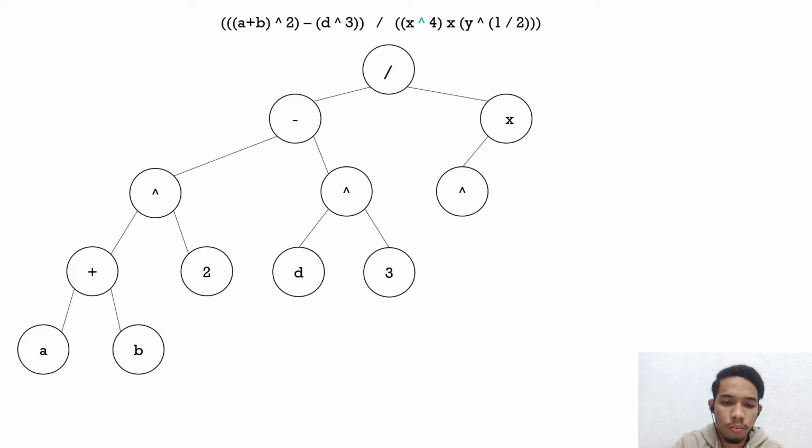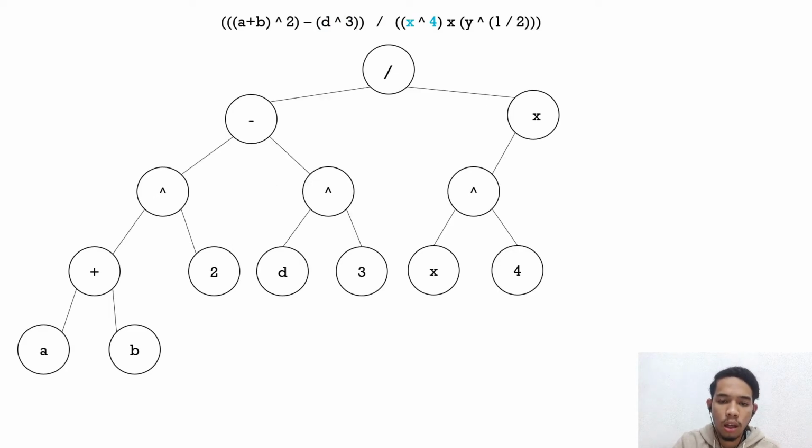Then we put the symbol of power as a left child for the multiply symbol, and then S as a left child and 4 as a right child for the symbol of power.